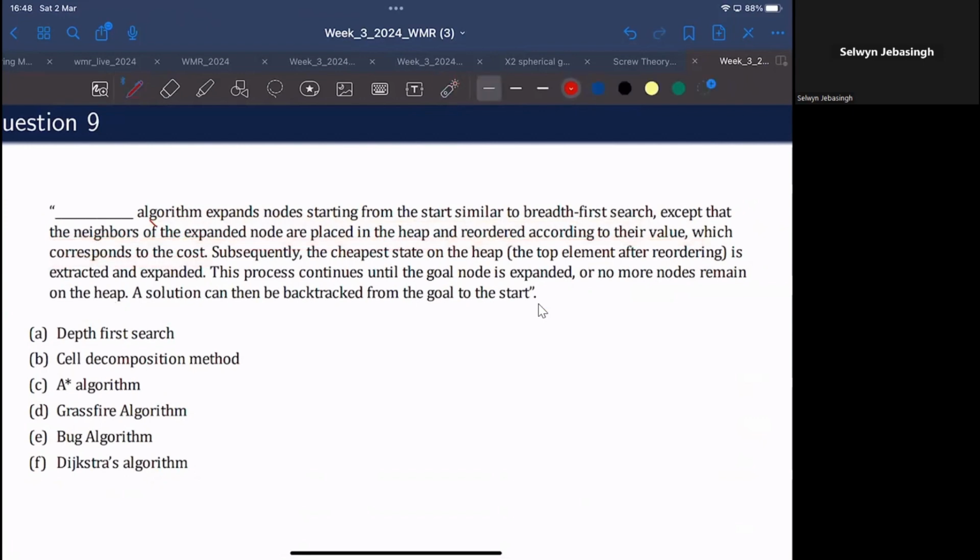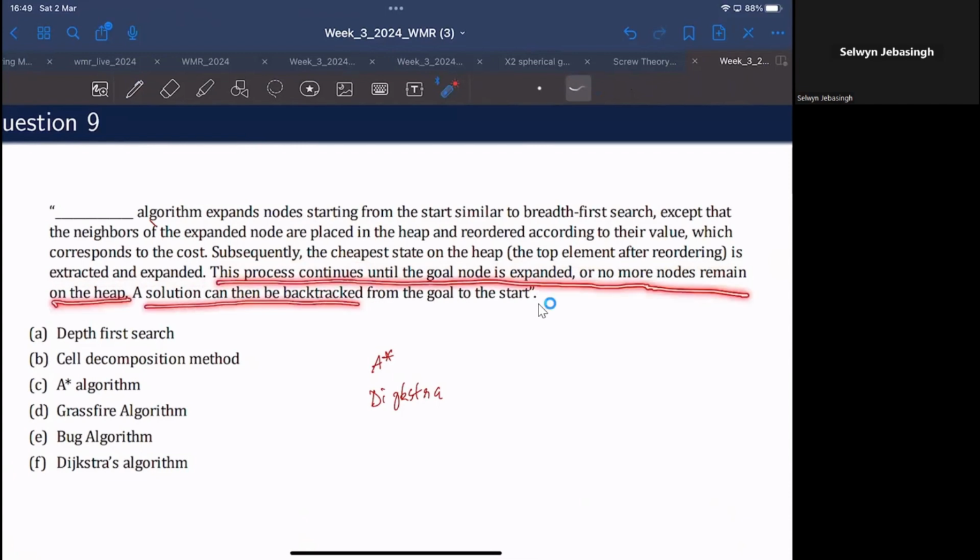So this could either mean A star or Dijkstra, because this reordering of the heap happens in either A star or Dijkstra. Subsequently, the cheapest state on the heap, the top element after reordering, is extracted and expanded. This process continues until the goal node is expanded or no more nodes remain on the heap.